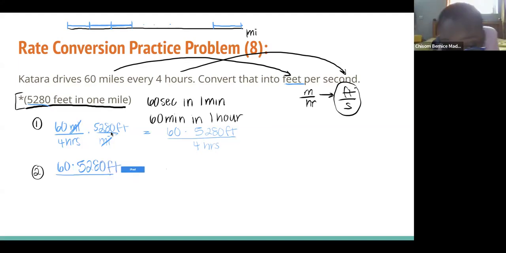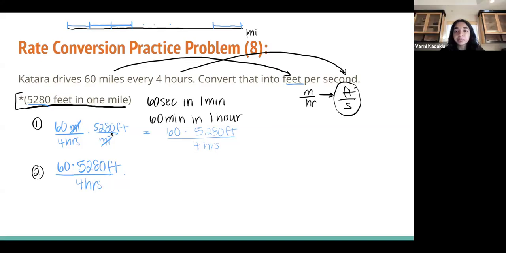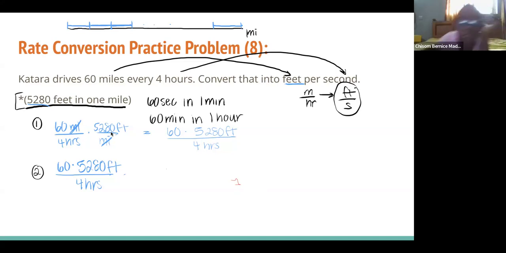But won't you multiply the 60 times the 5,280 feet? Won't you multiply the 60 times the 5,280 over the 4 hours?